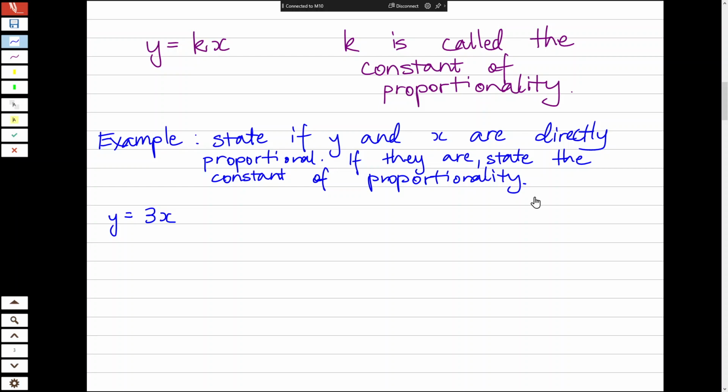Yes, they are directly proportional. Wait, so if they are directly proportional, you should be able to tell the value of k? That's right. I can't tell the value of k.